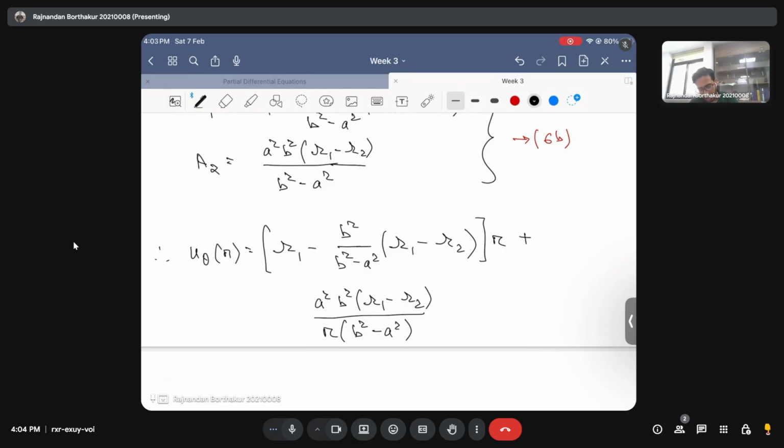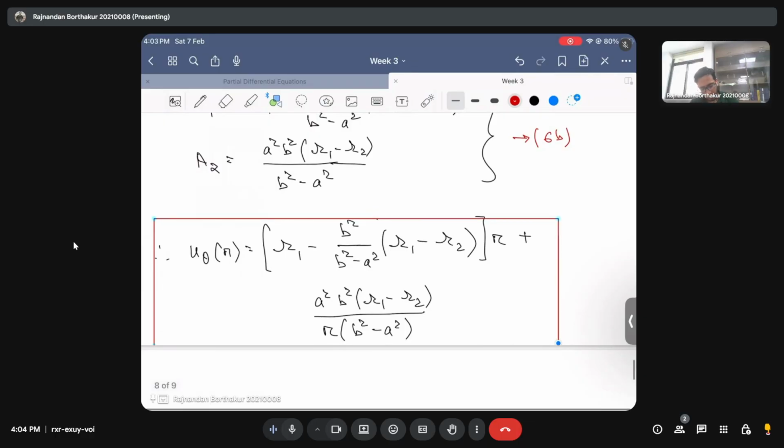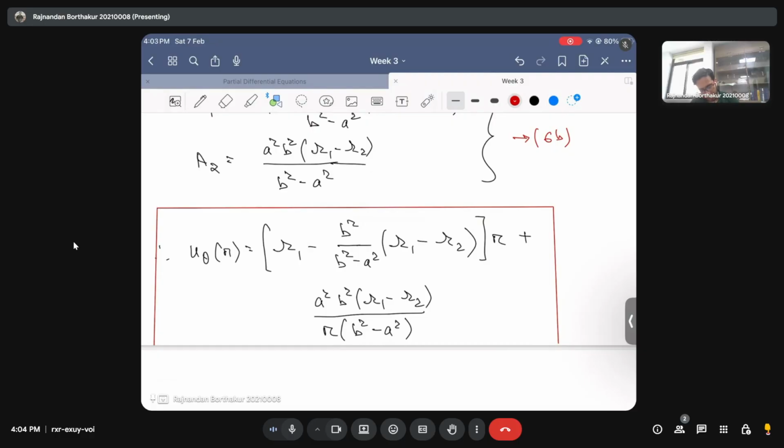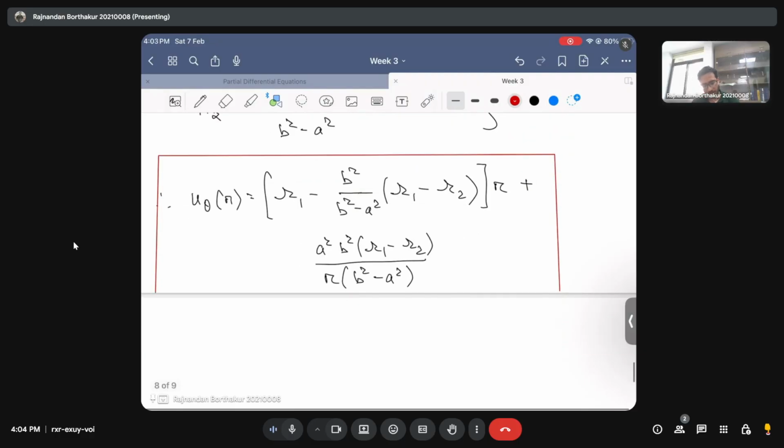That's your u theta velocity profile, and you can easily verify that it satisfies the boundary conditions that we wrote some time back.